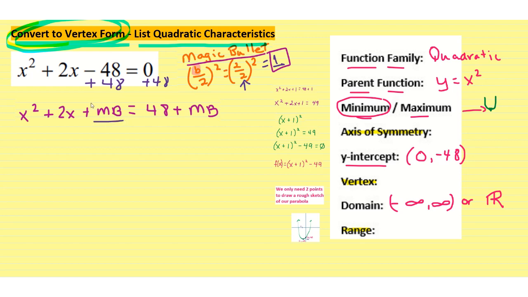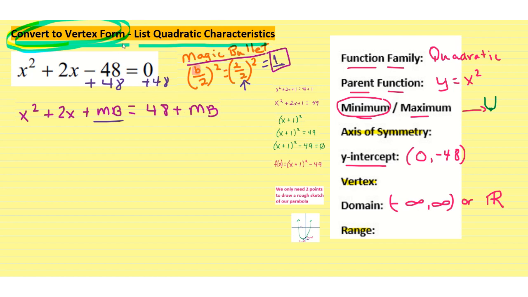But order of operations and algebra tells us that if we add a number or magic bullet to one side of the equal sign, we also have to add it to the other side of the equal sign. So this is how it's going to be set up. It's going to be x squared plus the 2x plus the magic bullet is equal to the 48 that I've moved to the other side plus the magic bullet.